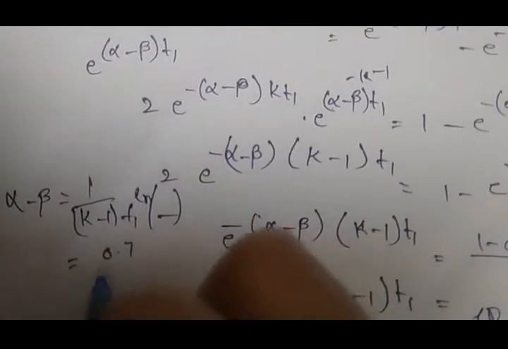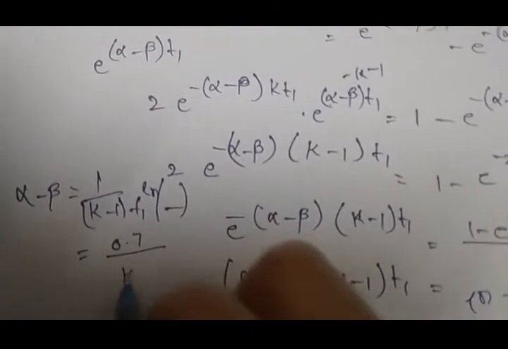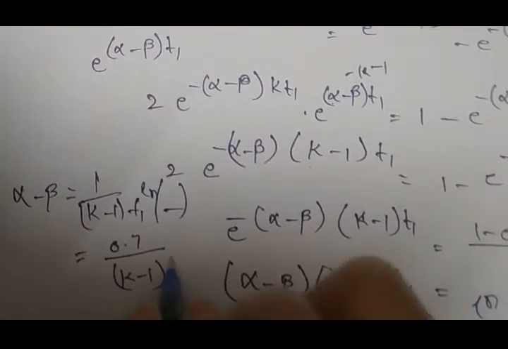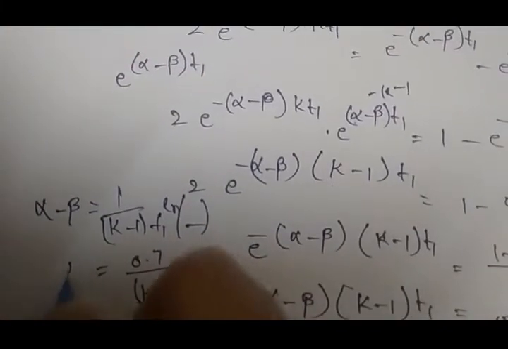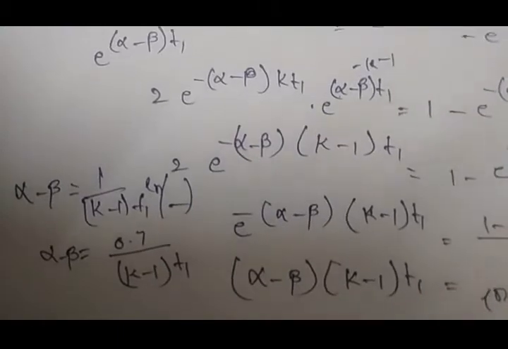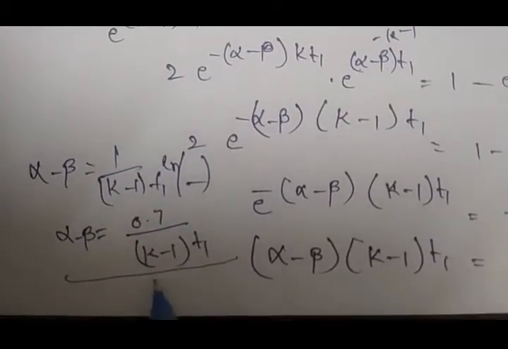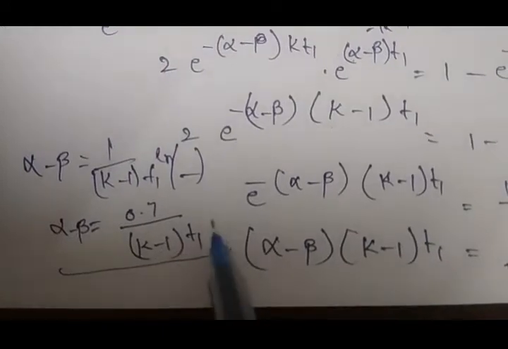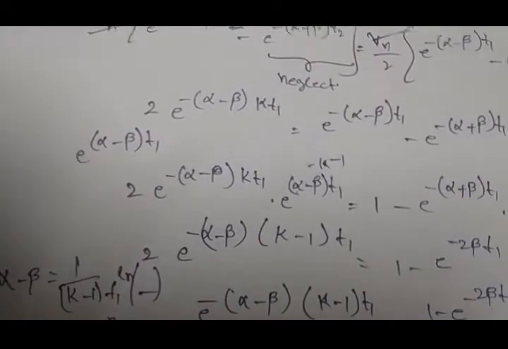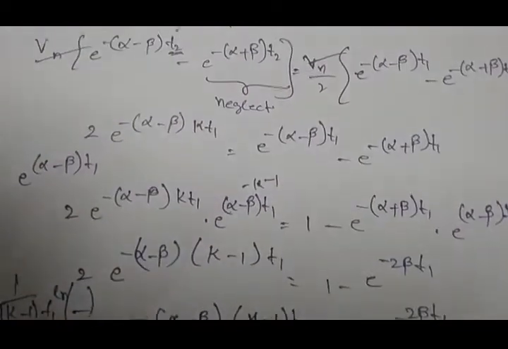So the expression is given as alpha minus beta equals 0.7 divided by k minus 1 into T1. So this is the analysis of your circuit 1.